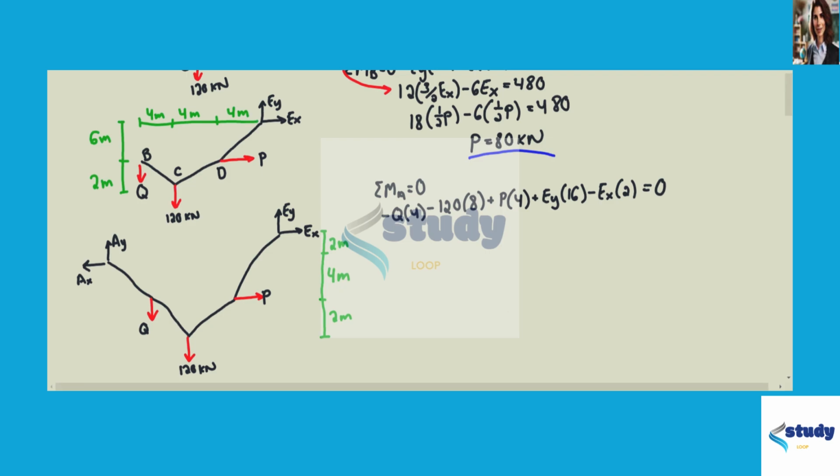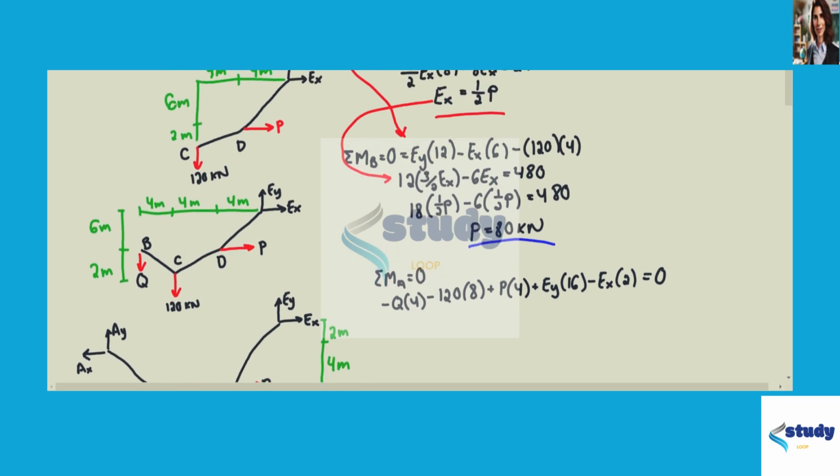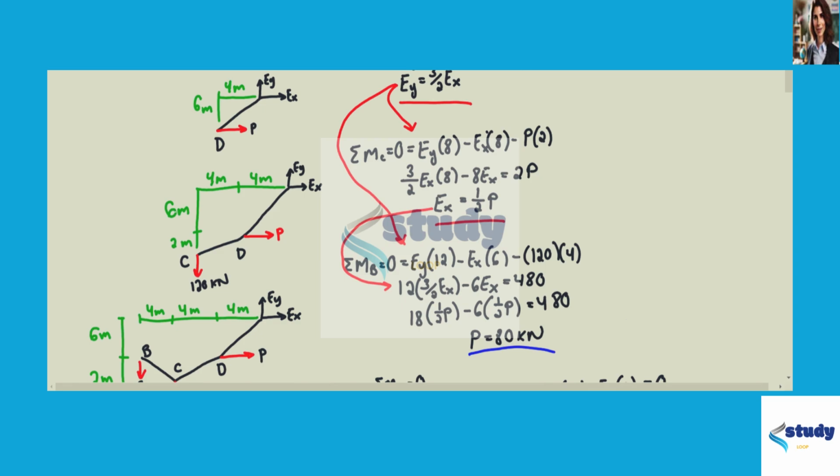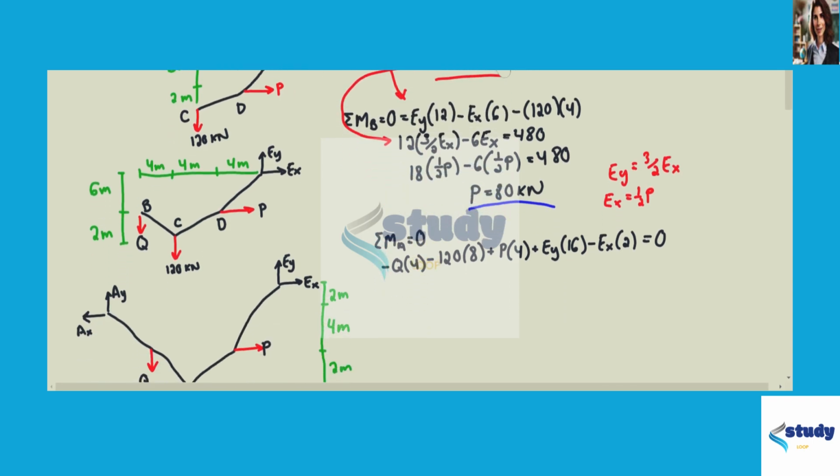So now we are able to substitute the two equations that we found earlier. We know EY equals 3/2 EX, and EX is equal to 1/2 P. So we can plug those into this equation to simplify.